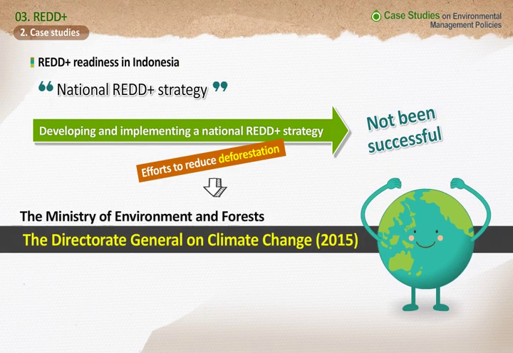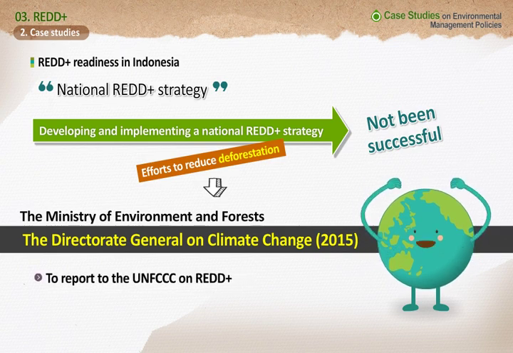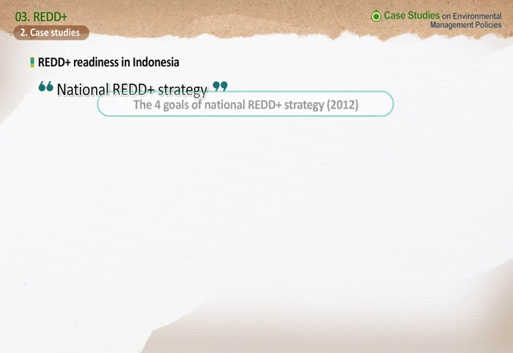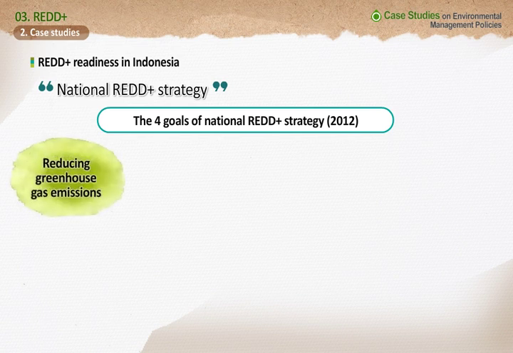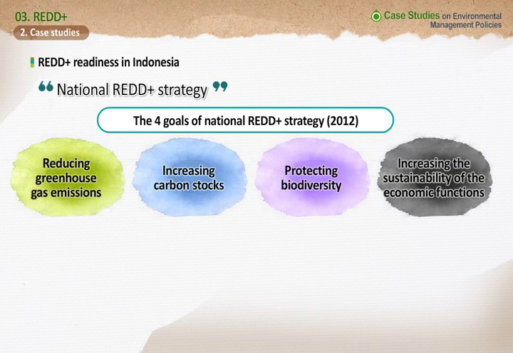Recognizing the challenges, the Ministry of Environment and Forests established the Directorate General on Climate Change in 2015 to report to the UNFCCC on REDD+, as well as coordinate and control the implementation of REDD+ activities. The National REDD+ strategy was developed in 2012. It has 4 goals: reducing greenhouse gas emissions, increasing carbon stocks, protecting biodiversity, and increasing the sustainability of the economic functions of forests.